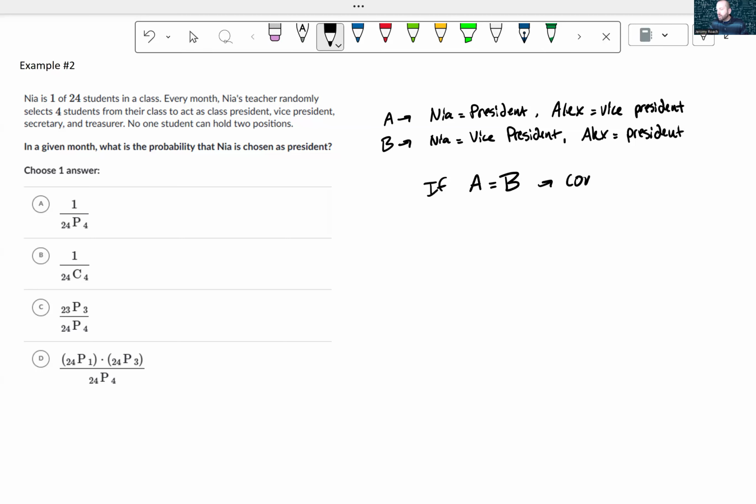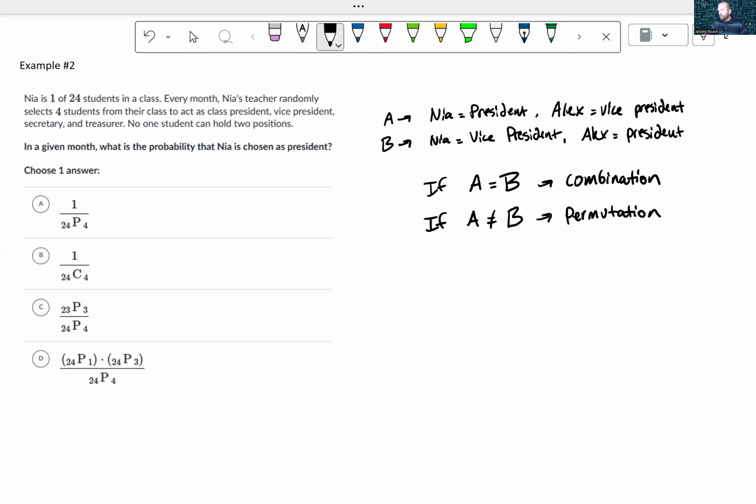If scenario A equals scenario B, then it's a combination. If A is not equal to B, then this is a permutation. In this case, A and B are two different outcomes.